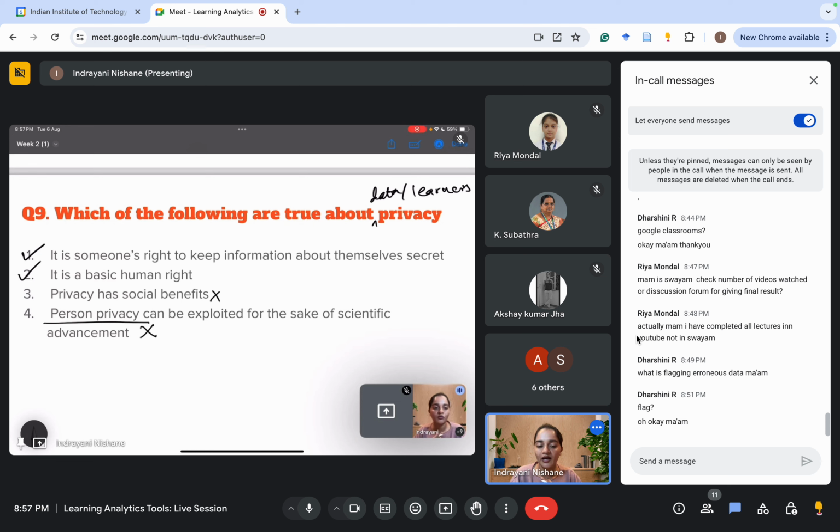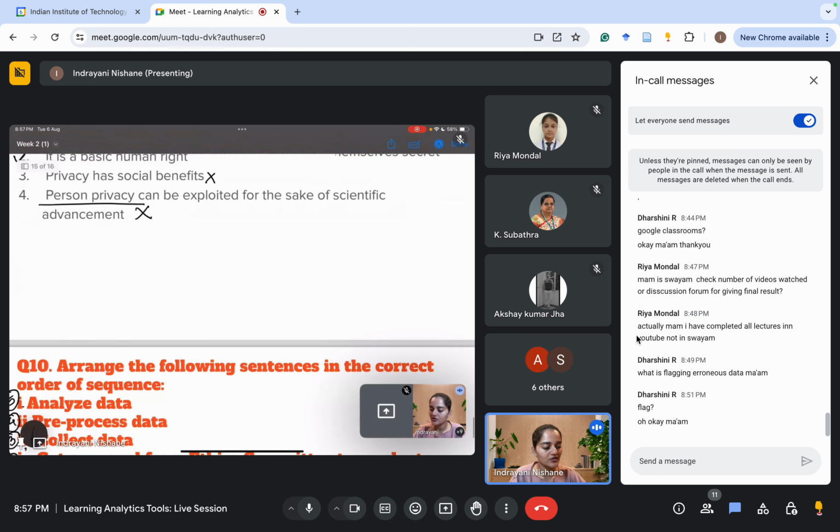Then privacy has social benefits? No, privacy doesn't have direct social benefits. Then personal privacy can be exploited for the sake of scientific advancement? No, as scientific researchers, we are not entitled to breach anybody's data privacy. Okay, that was question 9.